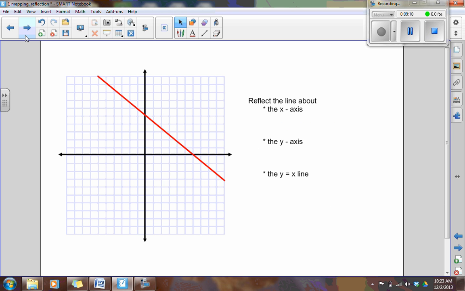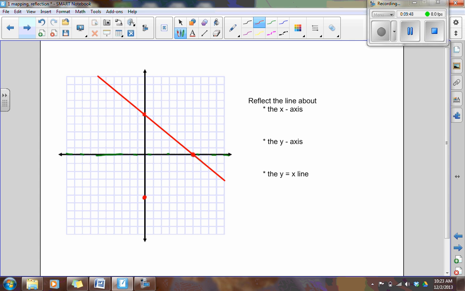Okay, we can do the same with a line. If we reflect this line about the x-axis, we're going to use that as our mirror, basically. Any point on the x-axis is going to stay there when we do the reflection, and we can reflect each point individually. Notice we've got a y-intercept just above 5, so we'll have a y-intercept just below negative 5.